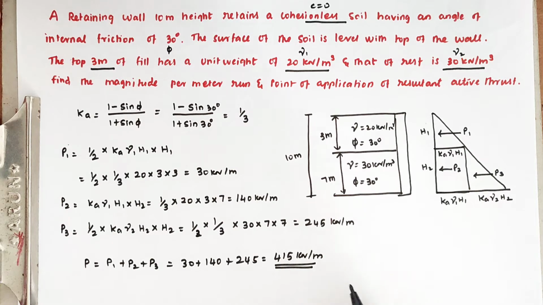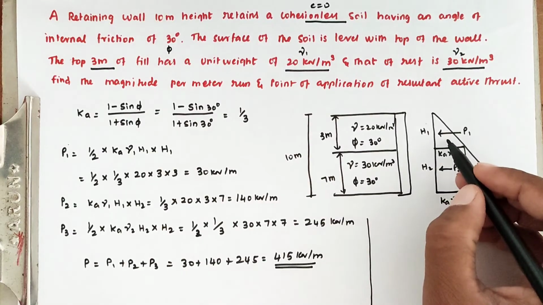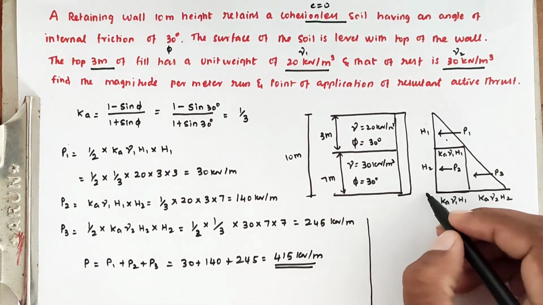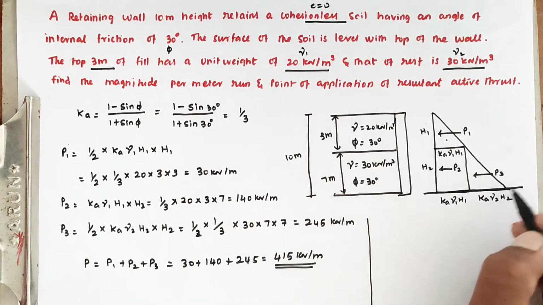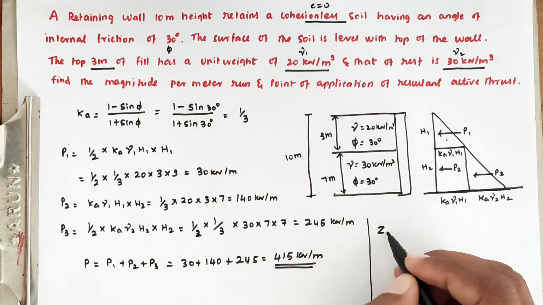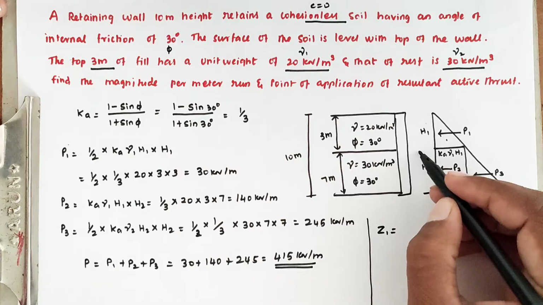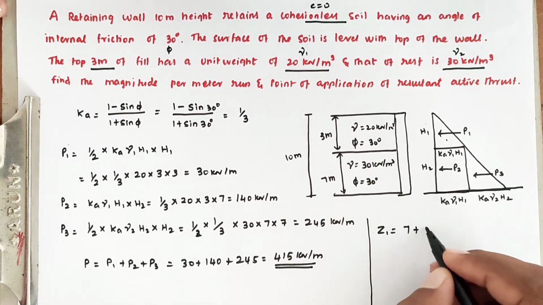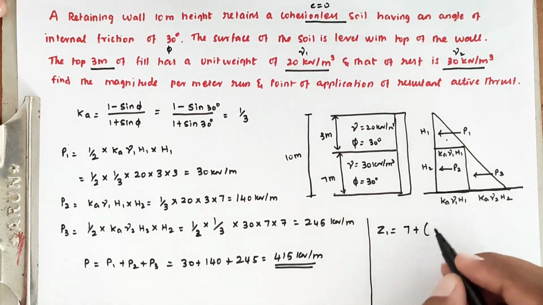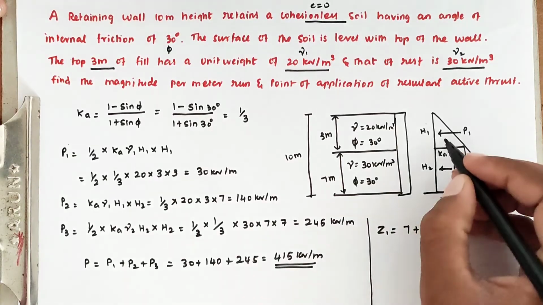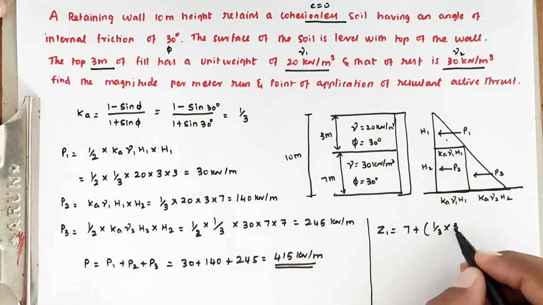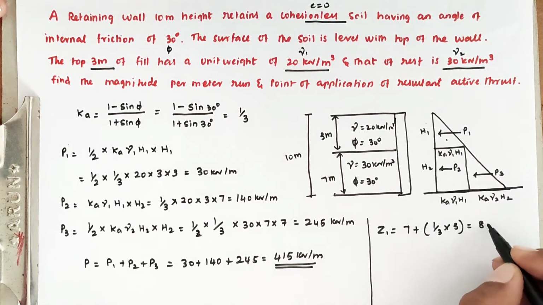Next we have to find the point of application. For that we have to find the Z values. Z1 equals the total distance of 7 meter plus one third of the height, which is 3 meter, so we get 8 meter.